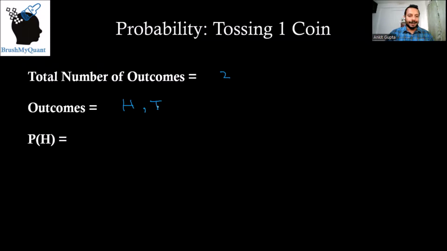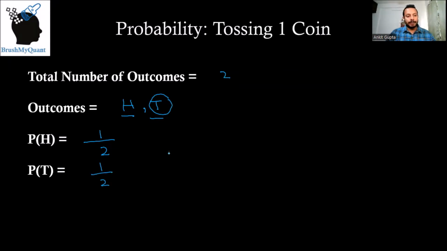Probability of getting a head is number of successful outcomes, which is 1, out of total number of outcomes, which is 2 in this case. So probability of getting a head is 1 divided by 2. Similarly, probability of getting a tail is equal to number of successful outcomes, which is 1, divided by total number of outcomes, which is 2.